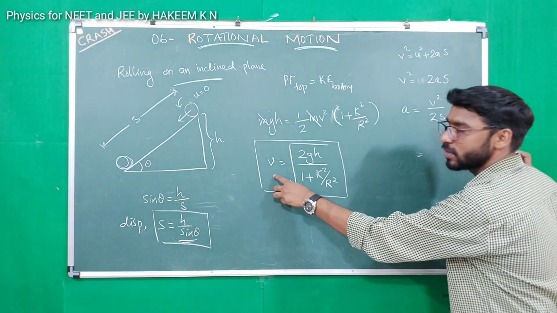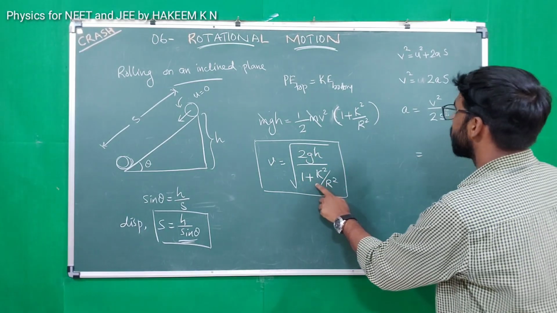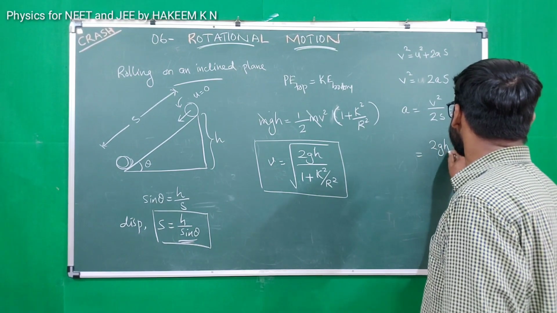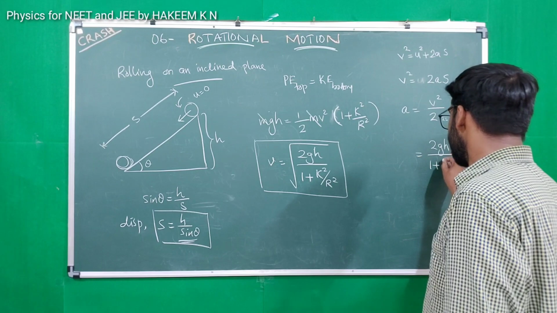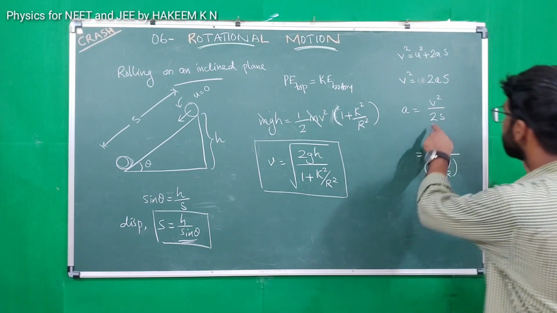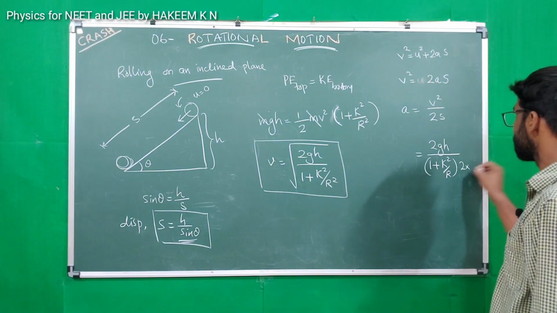Here v square equals 2gh by 1 plus k square by r square, divided by 2s. What is displacement?